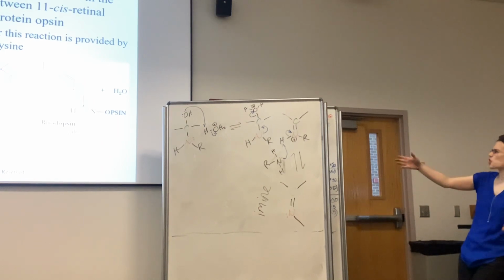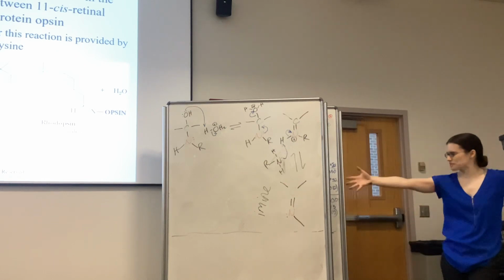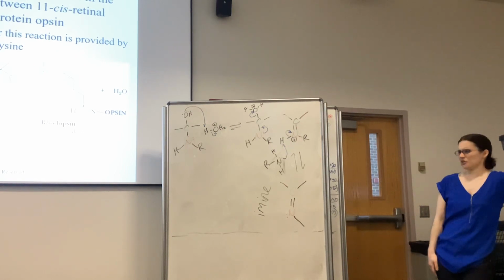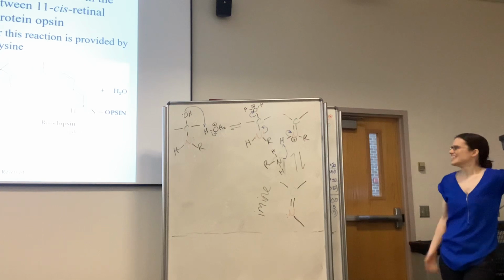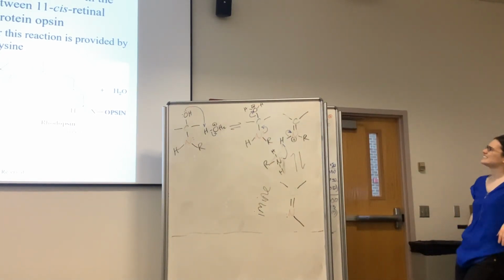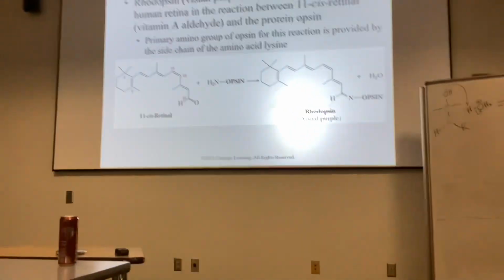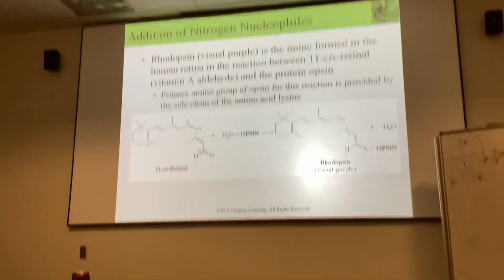Rhodopsin, it's called visual purple. There are a bunch of names like this. Like, there's one molecule whose common name is Blue Lake. Literally, Blue Lake is a noun, and it is this specific molecule. And I'm like, oh, okay, like red dye number 2, I guess. So visual purple is one of them. Basically, it's also the imine formed in your retina using vitamin A and a protein.